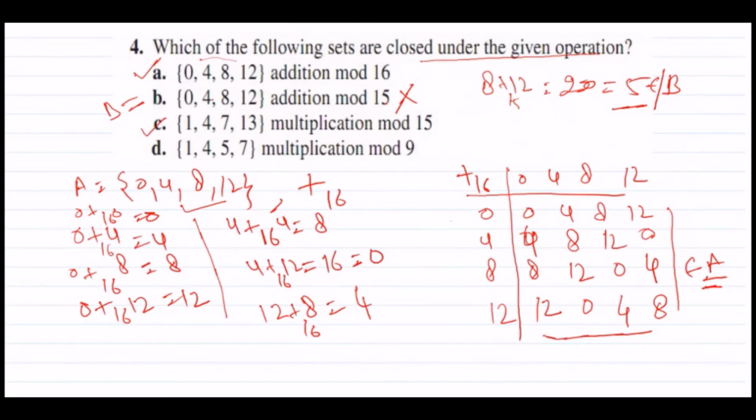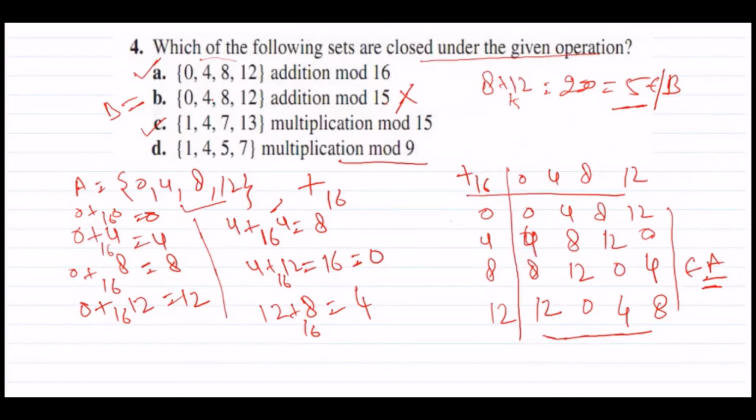Similarly, D. In case of D, what we see, multiplication modulo 9. So in this case, suppose we take 1 into 4, 4, 1 into 5, this is 5, 1 into 7, 7, 4 into 5, so 20 divided by 9.